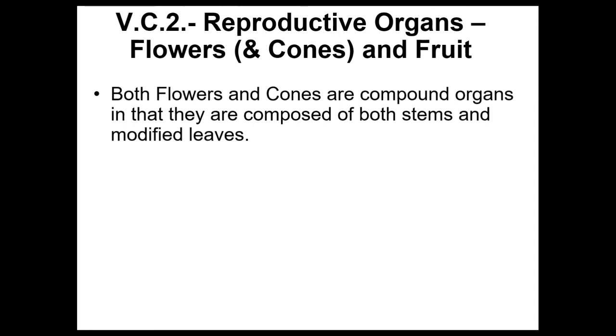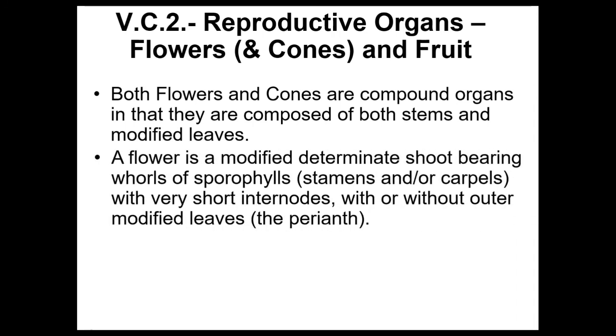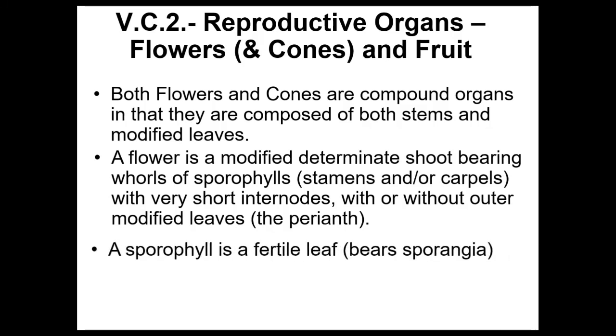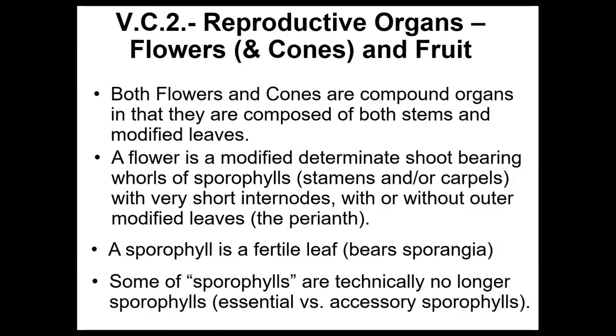And in the way of homework, I'm not going to give you a matching, but the concepts that are going to be difficult will be sporophyll, which is seen here in a definition of a flower. And so that'll be a concept that we'll deal with. We'll deal with the pistil carpel distinction, and that's a difficult concept.